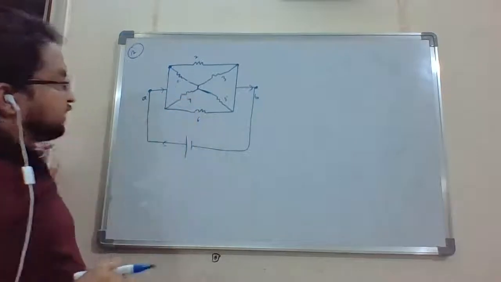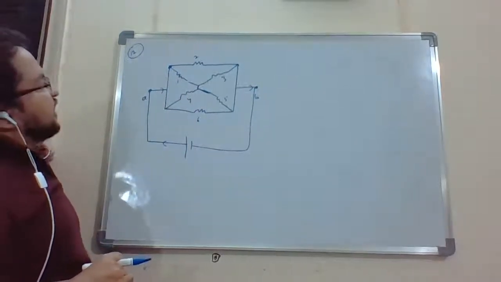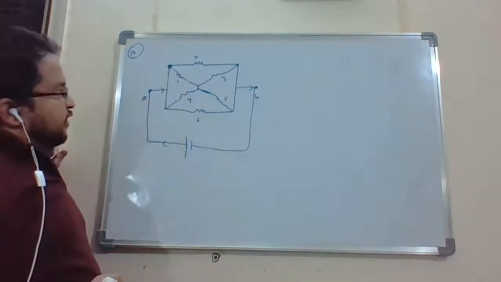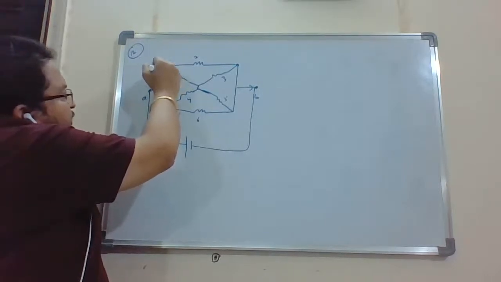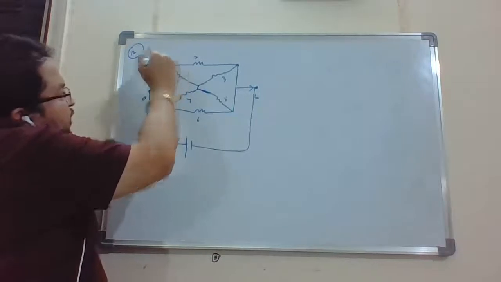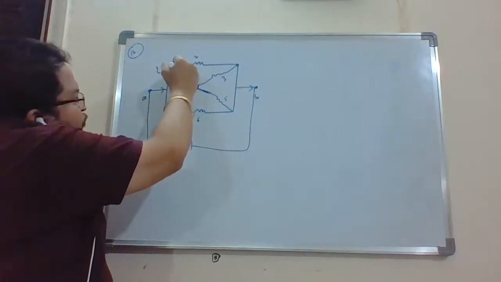But how do we solve this circuit? In this scenario, let us analyze this point. Say some current I1 came here. That would have got divided into two parts, right?